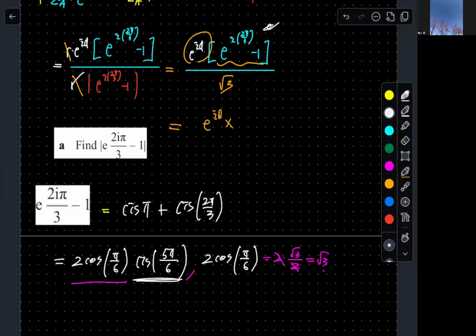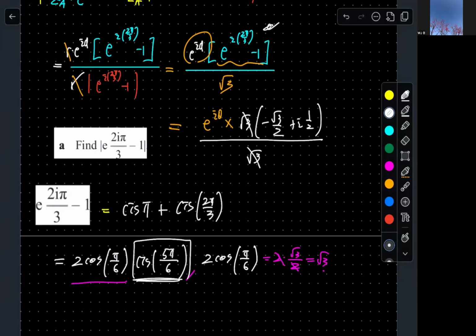But it's important to distinguish the real part and the imaginary part, because I want to compare them with the implicit differentiation. So if I put this in cosine and sine, first of all I have the magnitude of root 3. Cosine of 5 pi over 6 is in the second quadrant, so cosine has to be negative, and the sine will be positive. That's great. And I'm dividing that by root 3, so it cancels out beautifully. I'm very happy.